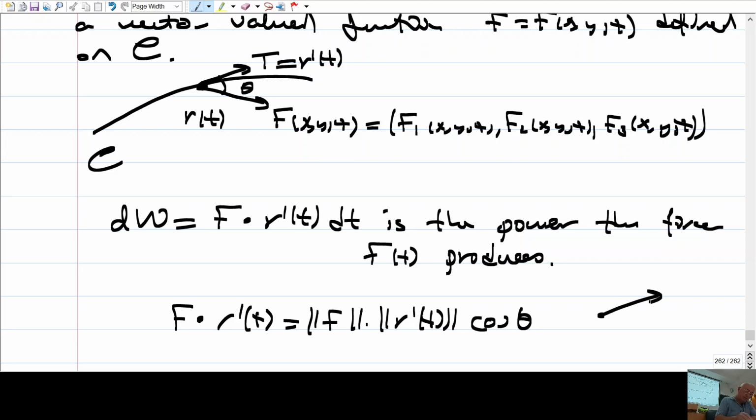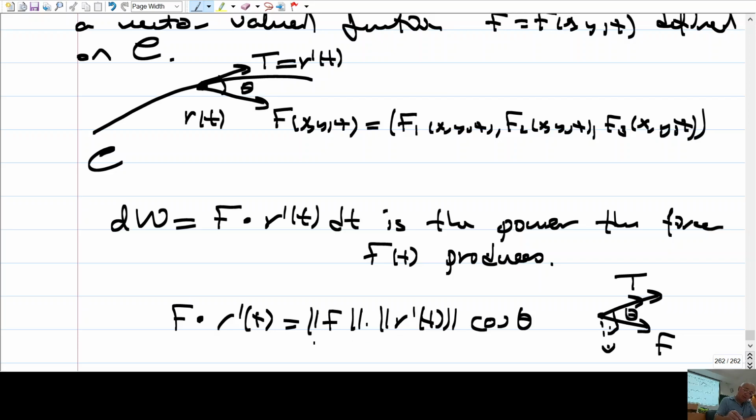This is T. This is, let's say, F. You have the component of your force parallel to the rod, which is T, and perpendicular to the rod.